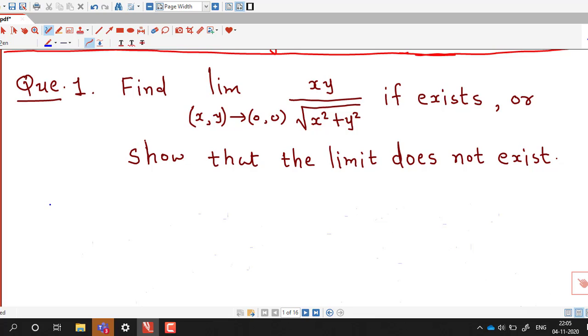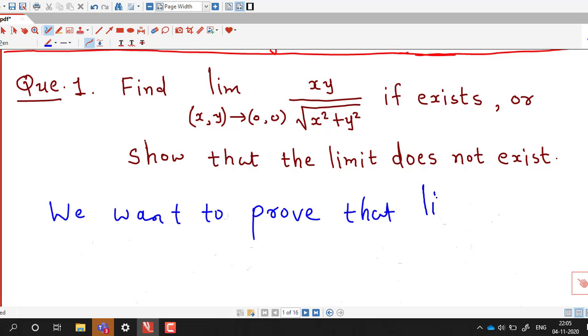We want to prove that limit of xy over square root of x square plus y square as (x,y) approaches (0,0) is 0.